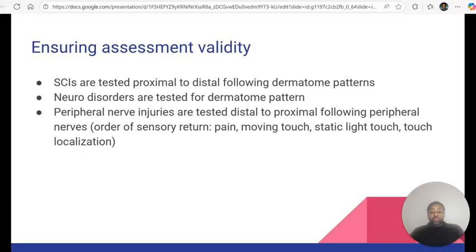When we assess peripheral nerve injuries, we are assessing distal to proximal. And it's also important to understand that we assess in the order of sensory return: pain, moving touch, static light touch, and then localization.